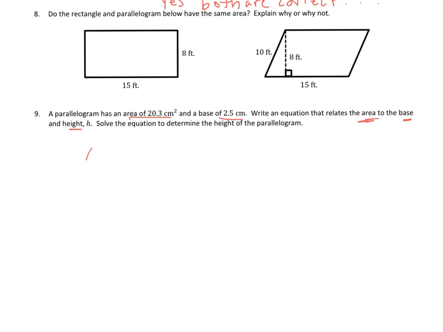So I know we're talking about area, so I'm going to put my formula down. And now I'm going to substitute in what they give me in this statement. They gave me the area. So instead of putting A, I'm going to put down 20 3/10 centimeters squared.